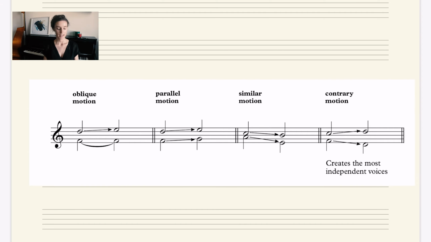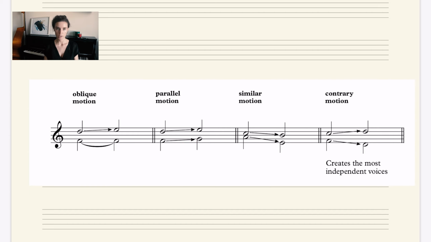There is an oblique motion, which is when one voice stays in its place and another voice moves. There is parallel motion, which is when 2 voices move in the same direction and they both move by the same interval.